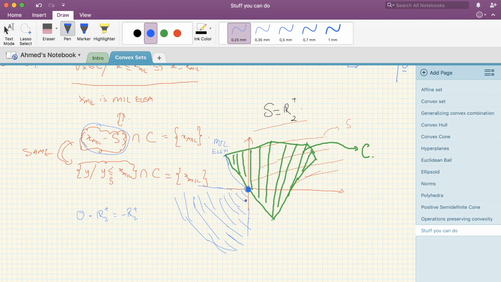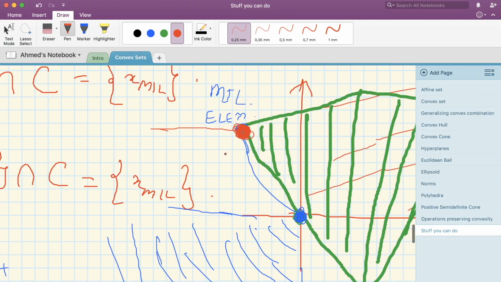Okay? Now one might ask, what if I pick this point right here? Let's try it. If this is my x_mil, then what is my x_mil minus S? It's all points less than this point. In other words, they would be all elements lying in this red region.